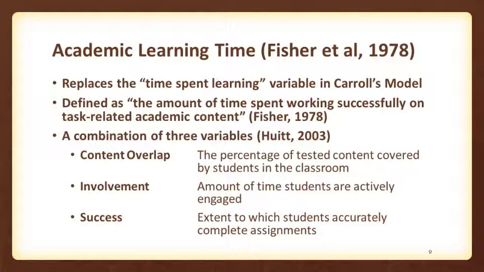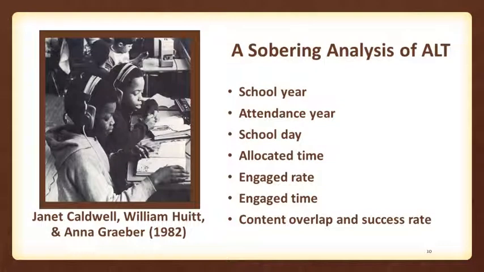In 1982, Caldwell, Hewitt, and Graeber completed a rather sobering analysis of academic learning time. They discussed it in terms of a number of variables. First, the length of the school year, generally set for most purposes at 180 days.